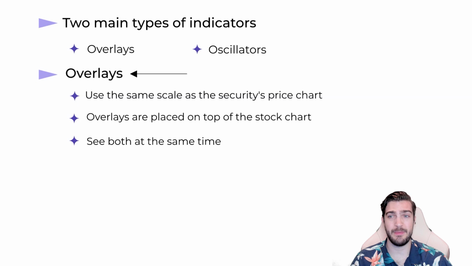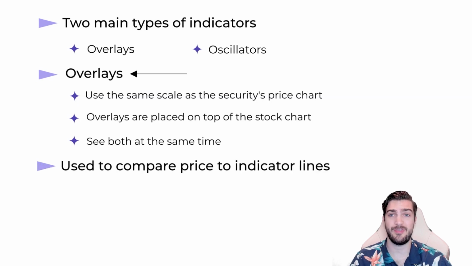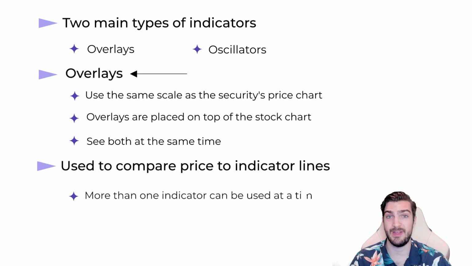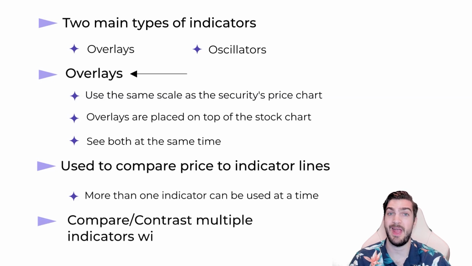These values are typically used to compare the stock or security's current price against these overlays to see if the price is currently above or below these different indicator lines. Remember, we're also not limited to just one technical indicator at a time. Many trading strategies use multiple different types of indicators and overlays to compare and contrast how those indicators stack up and where the current price falls within all of those different lines.